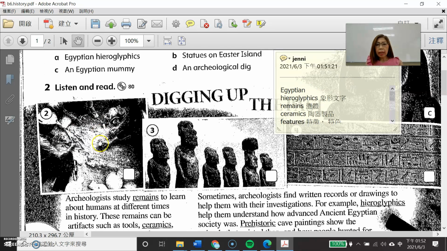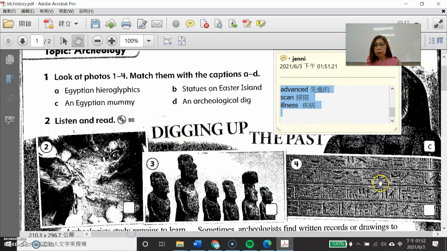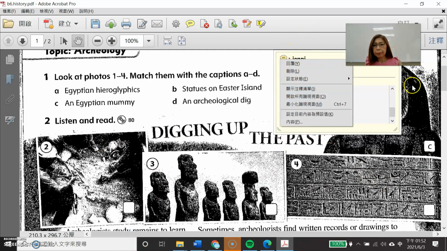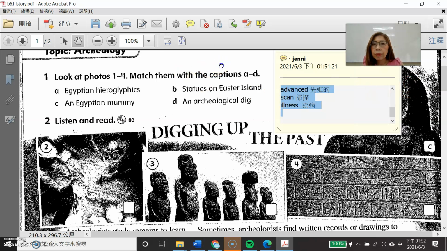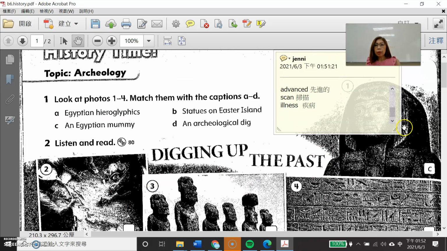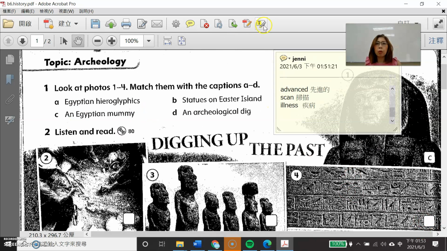OK so 哪一个是 A? 1 2 3 4. 1 他帮我们写的是 C, an ancient Egyptian mummy. Okay, so this one is an ancient Egyptian mummy. And so 那个象形文字是哪个？And there will be number 4.